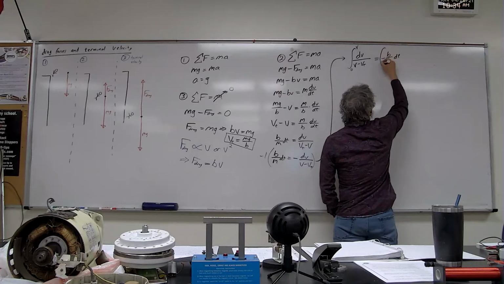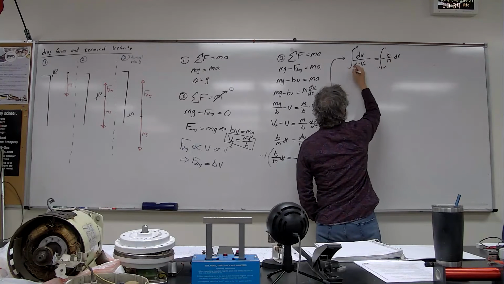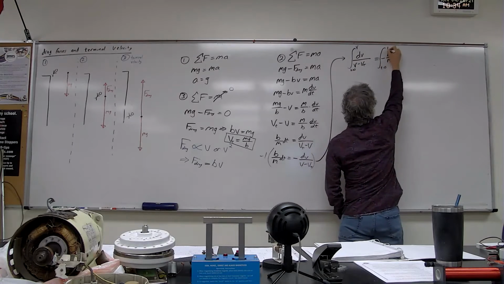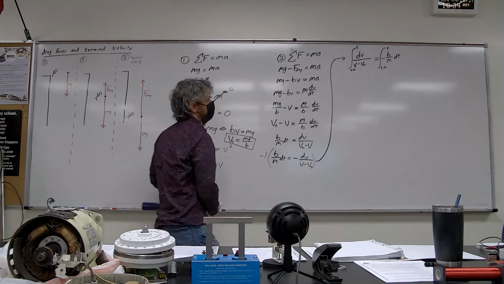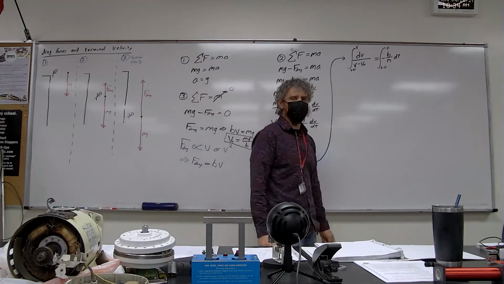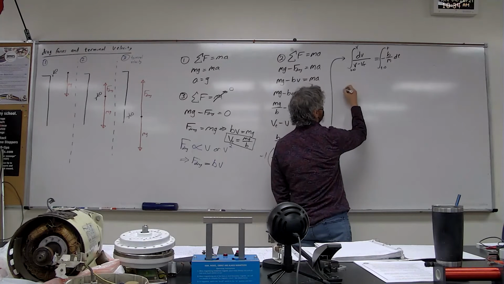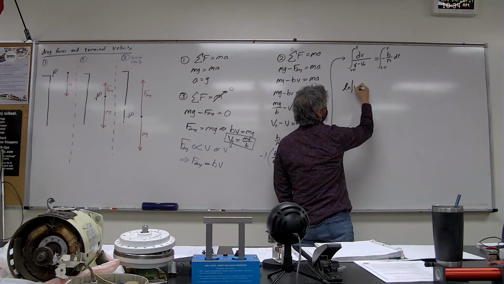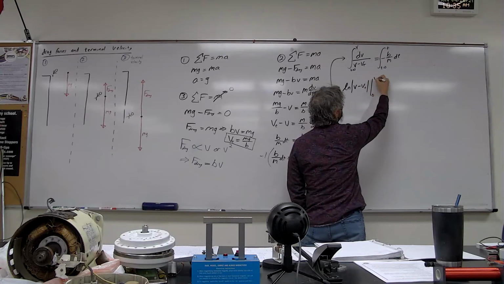And then I integrate this from time t equals 0. Should write v equals 0. To some time t, and that's going to be the easy part. So what's the integral of dv over v minus vt? Natural log of v minus vt, evaluated from 0 to v.